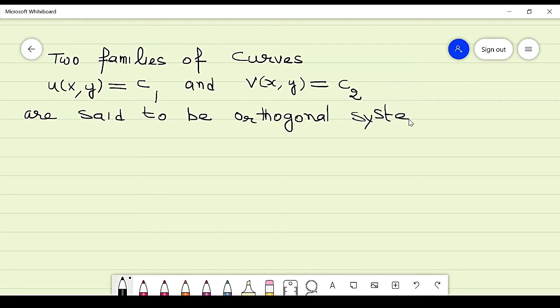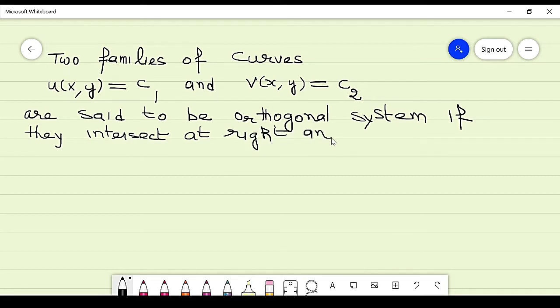They form an orthogonal system if they intersect at right angles at each point of intersection.